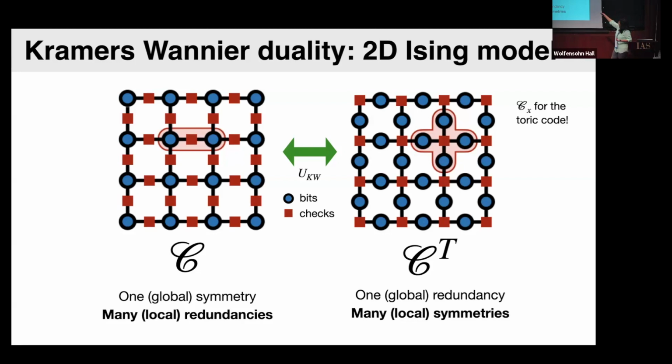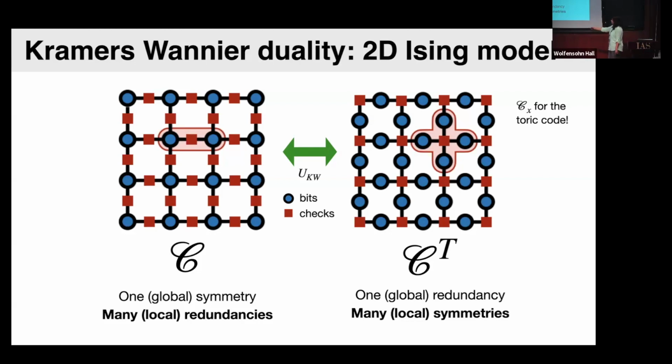And then the checks are now these 4-body checks on the vertices, which look at the product of those four bits on that star. And it isn't a coincidence that this is exactly the X term for the toric code.